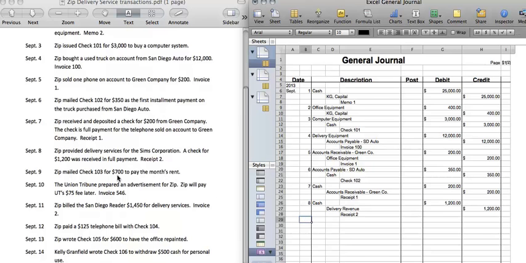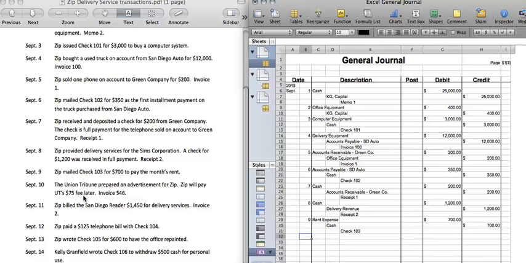On September 9th, Zip mailed check 103 for $700 to pay the month's rent. So that's going to be rent expense, $700 debit. And we wrote a check, so we're going to credit cash $700. And our source document is check 103. September 10th, the Union Tribune prepared an advertisement for Zip.